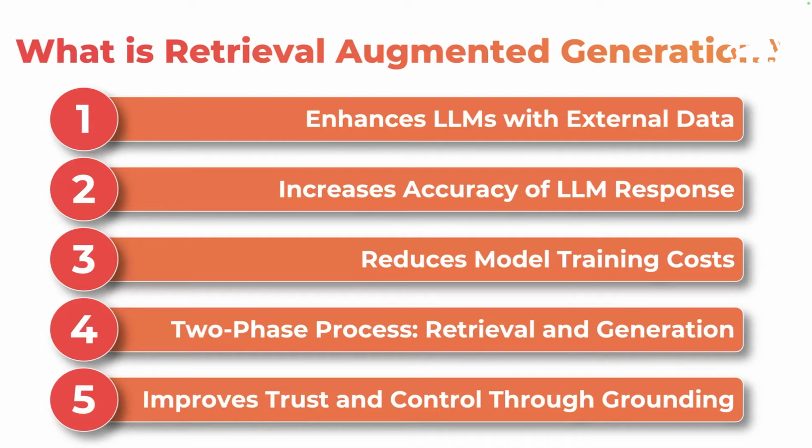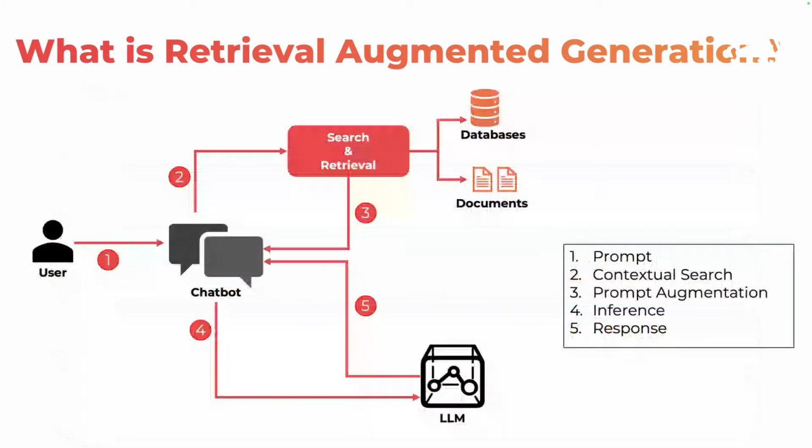Now, taking a closer look at the steps. Again, there are 5 steps. The first step is the prompt, which is typically given by the user. For a while, imagine you're a new employee who has just joined, and you're trying to understand the policies of an organization. So you're going to ask a chatbot what the annual leave policy is.